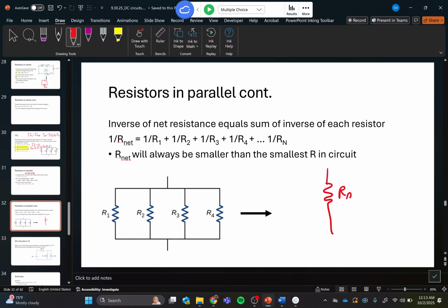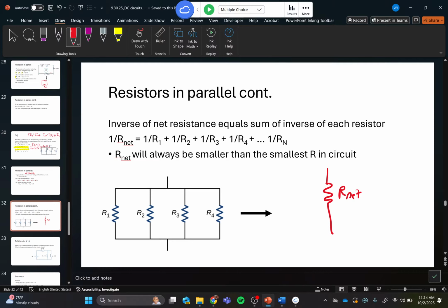When you combine in parallel, our net will always be smaller than the smallest resistor in that circuit. Always. If I pick one of these and it was 0.00001 ohms, my net resistance is going to be smaller than that value. Why? Mathematically, that's just how this math works. Conceptually, very easy to understand.